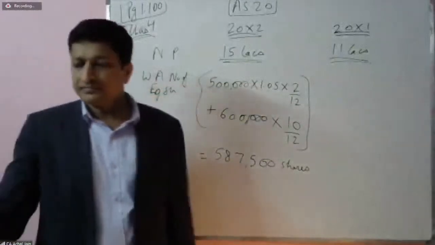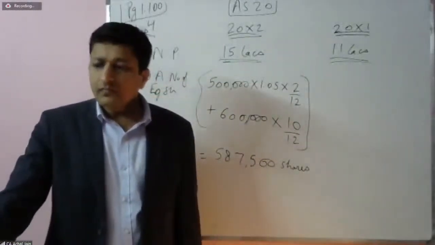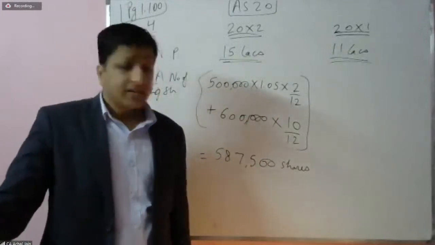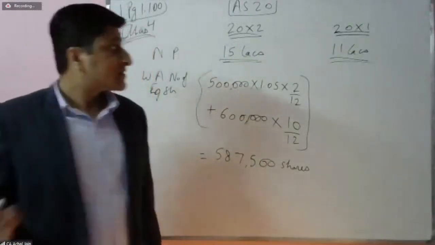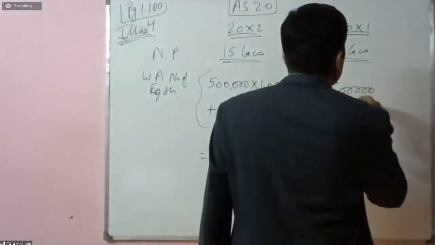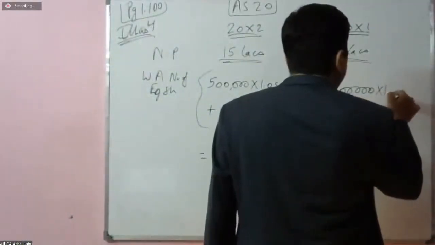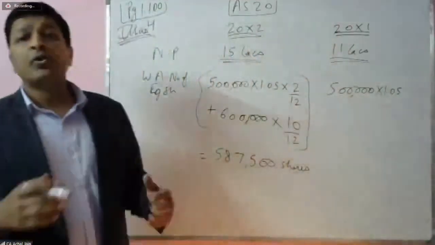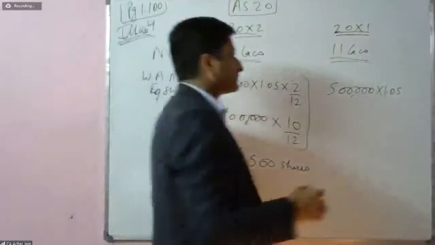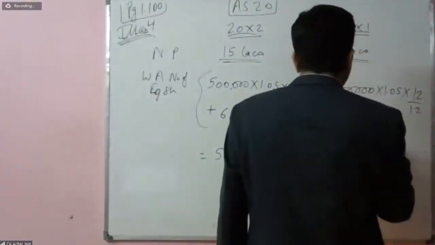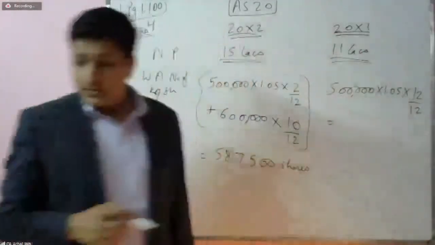Okay. And in the last year, what do we do? In the last year, we understand there were 5 lakh shares to which we will apply this adjustment. And now this adjustment will be applied for the whole year, into 12 divided by 12. So what do we get?